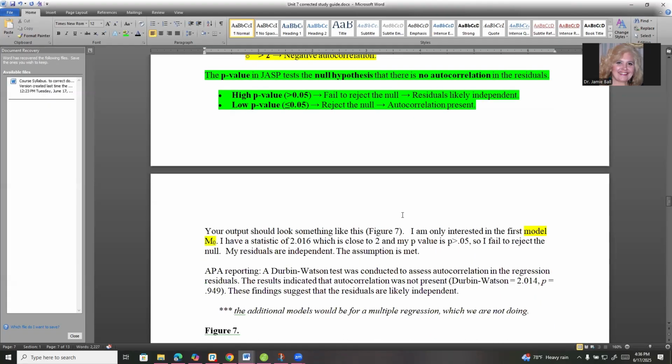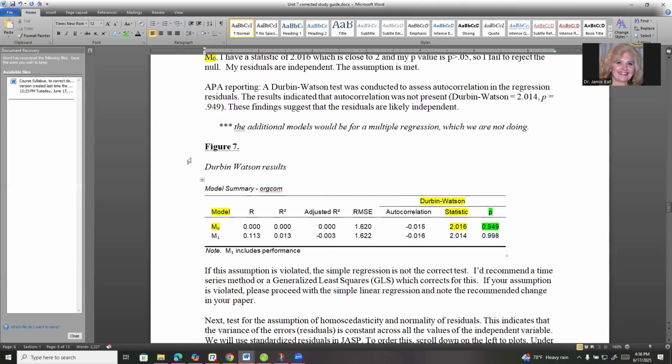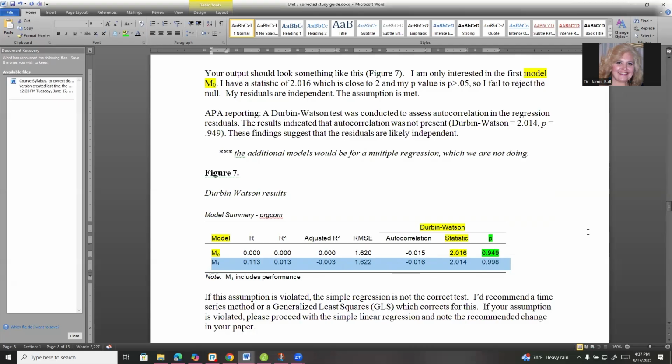Okay? Now, when you look at my model here, for this one, I'm only interested in M0. I can look at both of them. I could look at this one too, but you can see that both have no autocorrelation involved. And I show you how to report it in APA right here.